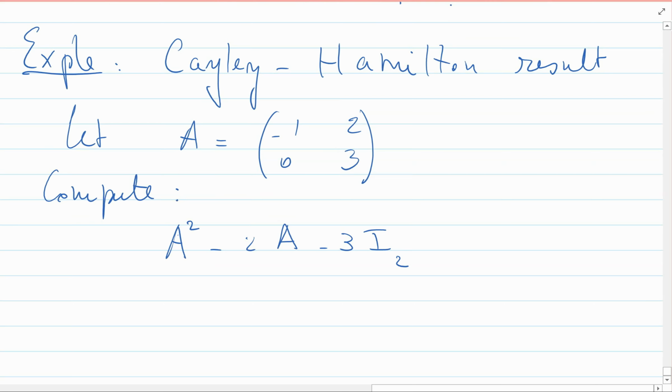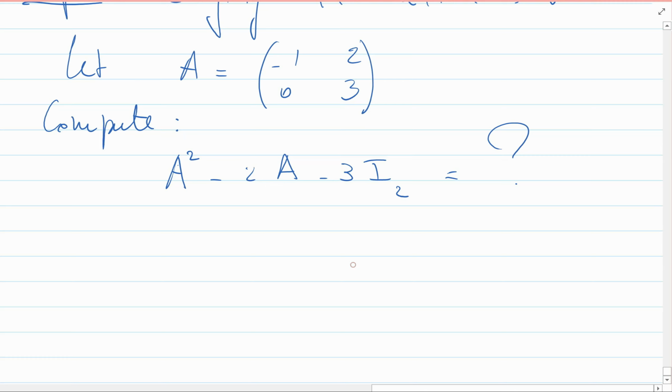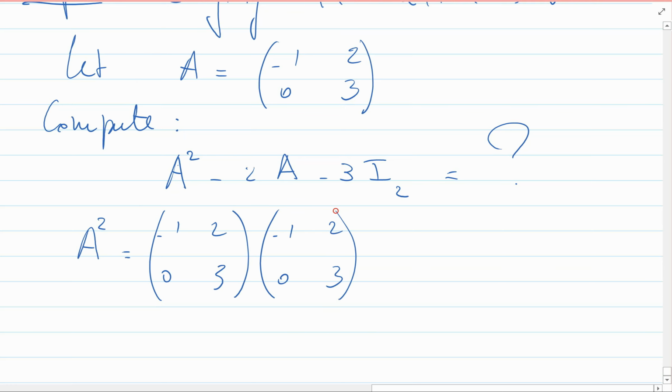First, let's start with A squared. So we take the matrix (-1, 0; 2, 3) times (-1, 0; 2, 3).